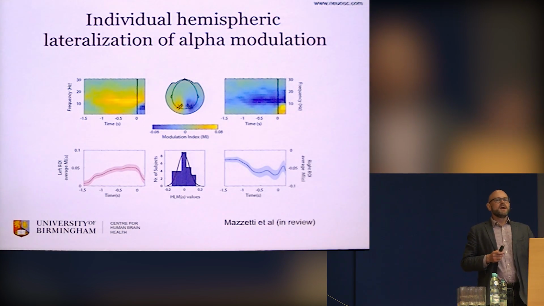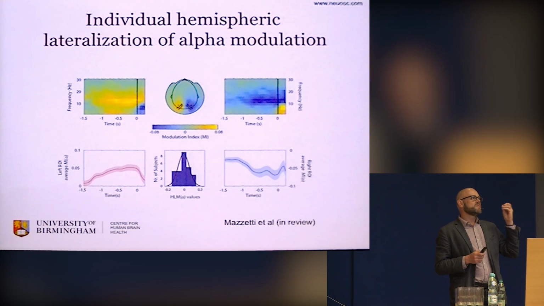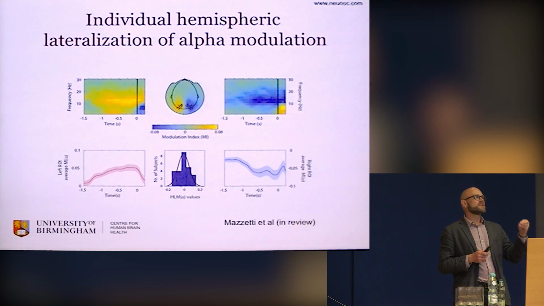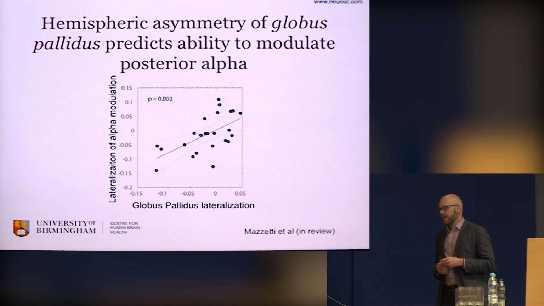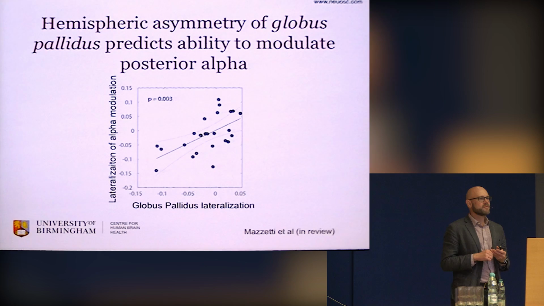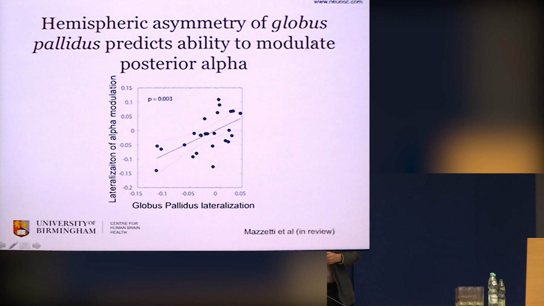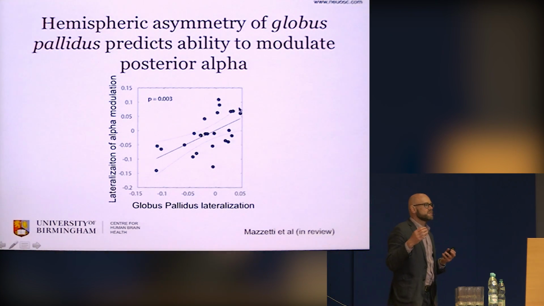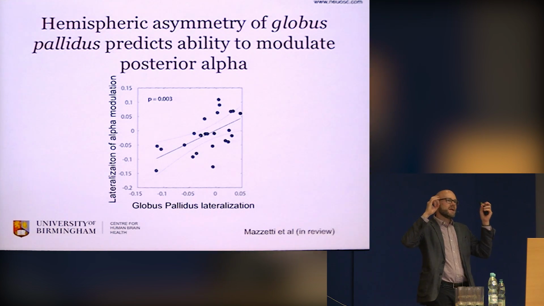Now we can relate that hemispheric lateralization in the ability to modulate the oscillations to the structural lateralization of the subregions of the striatum. When we do this, we find quite a robust correlation for the globus pallidus. If you consider one of these subjects up here to the right, this subject would have a larger right globus pallidus than left.